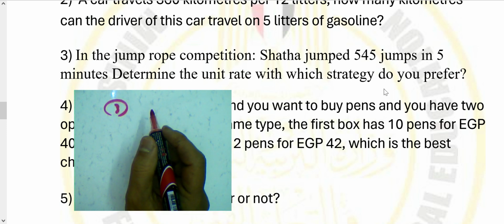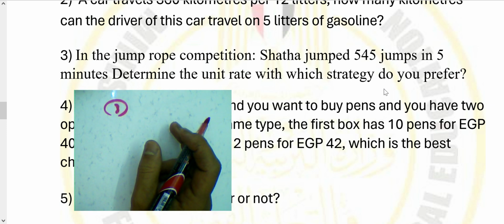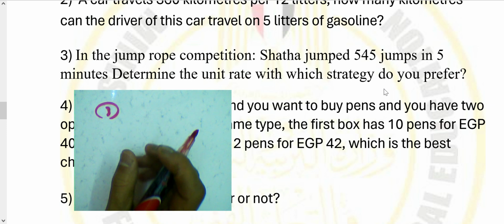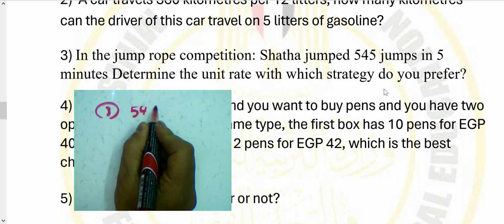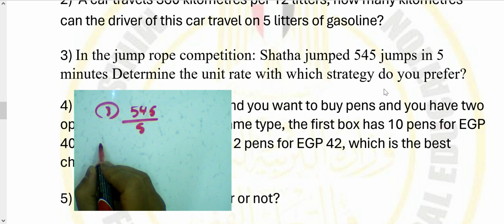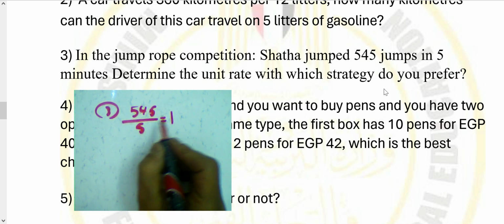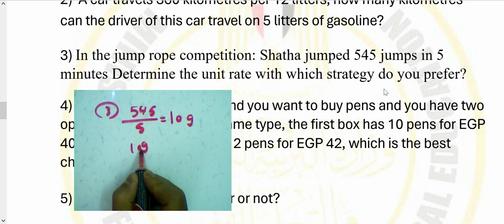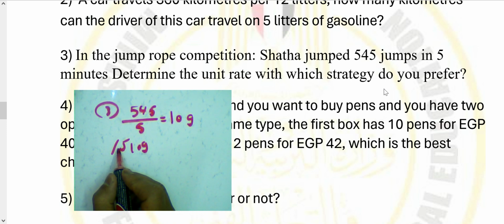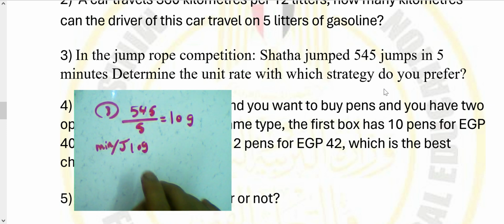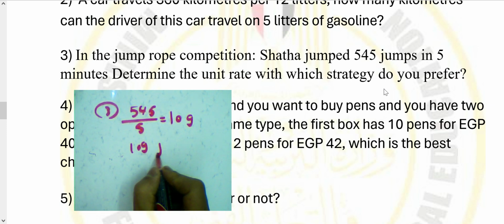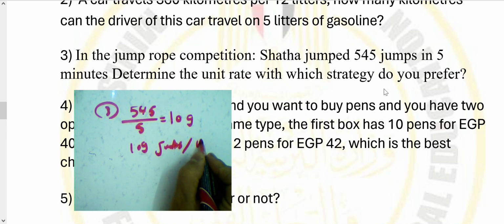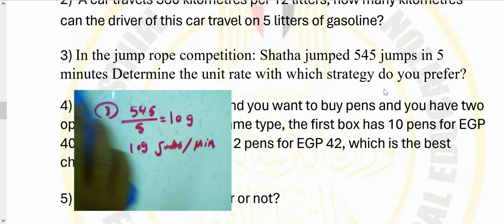We can find the unit rate by division: the number of jumps divided by the number of minutes, so the denominator will be 1, right? 545 divided by 5. 5 divided by 5 is 1. 4 divided by 5, we can't do it. 45 divided by 5 is 9. Then the result will be 109 jumps per minute. We have 109 jumps per minute. Okay.